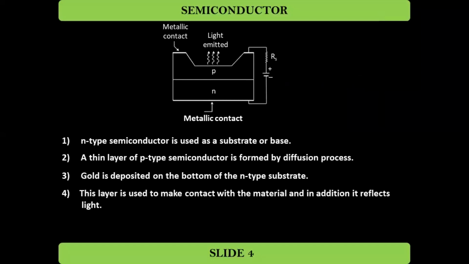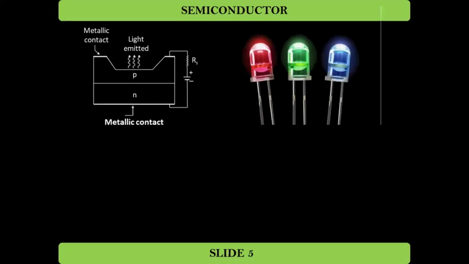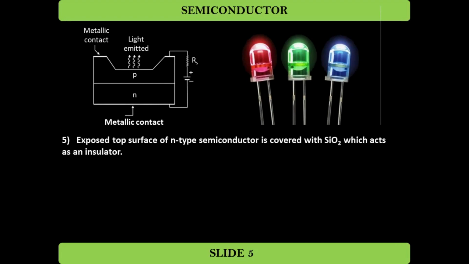This is the diagram of an LED, and the light given out would be of different colors depending upon the different combinations of semiconductors used. You can see the exposed top surface of the N type semiconductor is coated with SiO2. Why SiO2? It acts as an insulator.